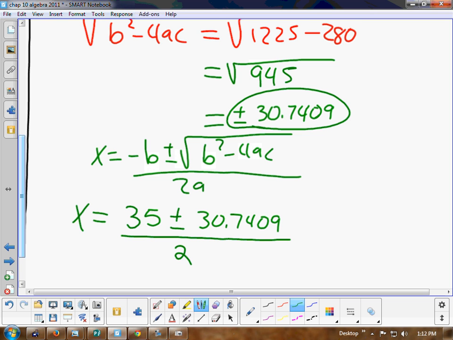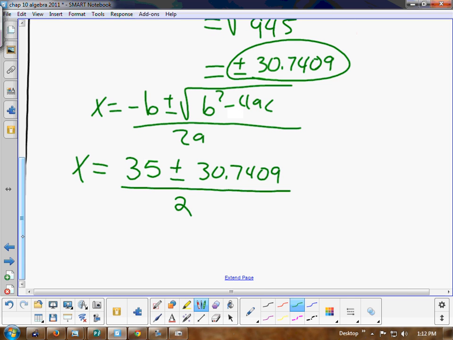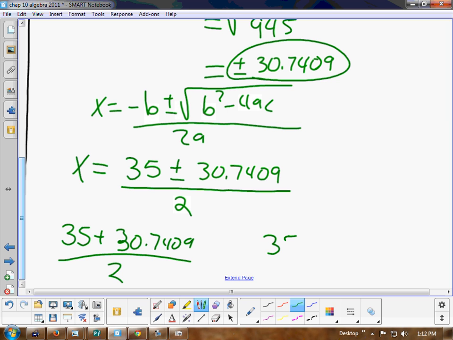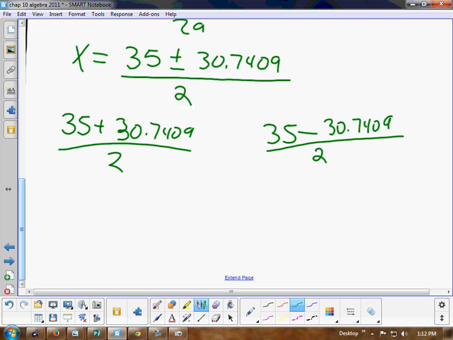Okay. Now we have the two separate situations. One is 35 plus 30.7409 over 2, and 35 minus 30.7409 all over 2. Can you give me this answer?